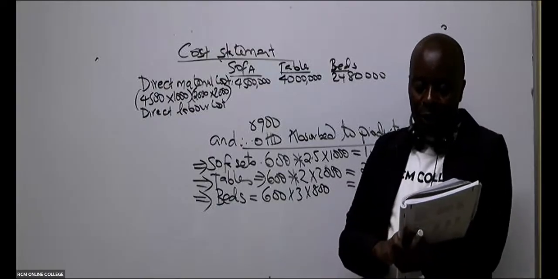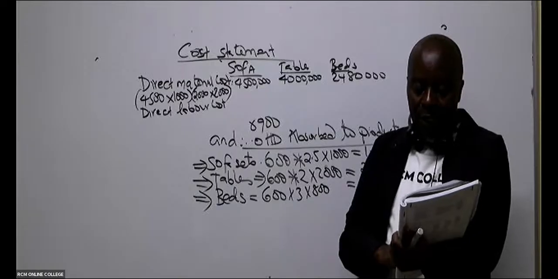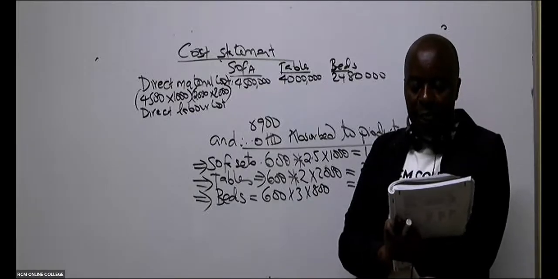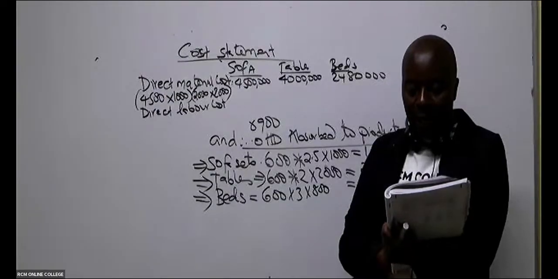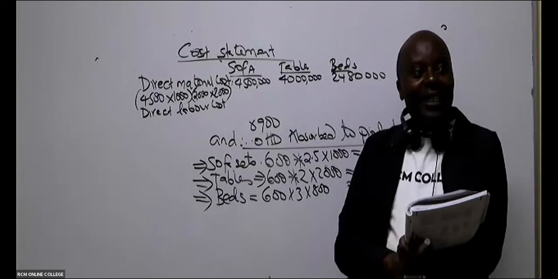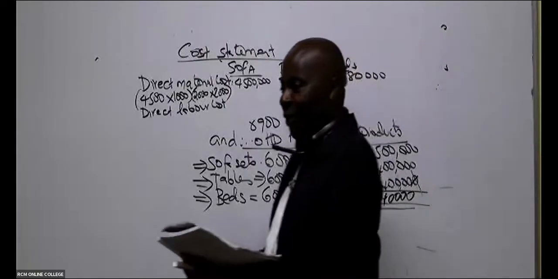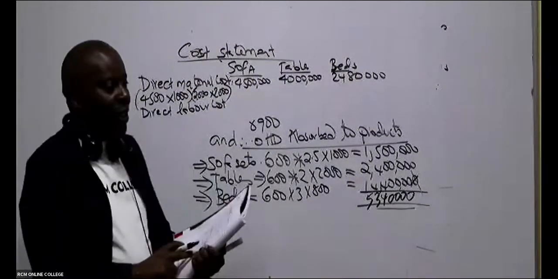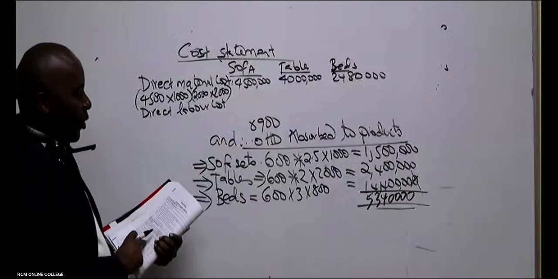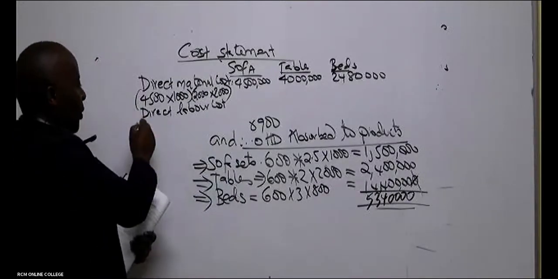Are you able to see what the direct labor cost per hour is? Direct labor cost per hour, we have 1,000.